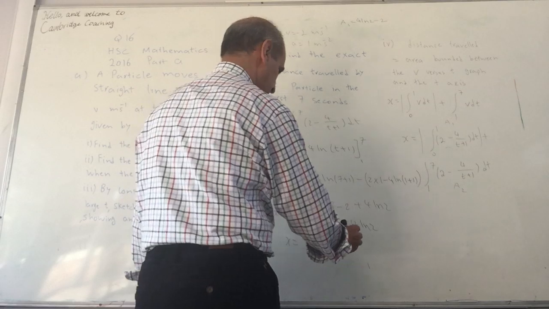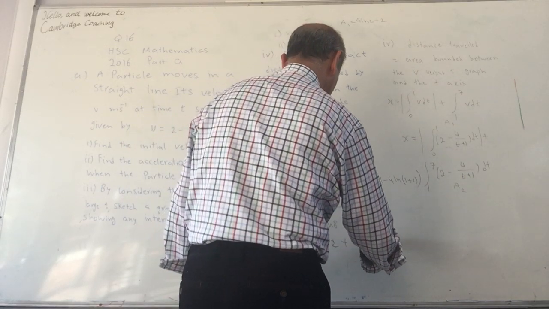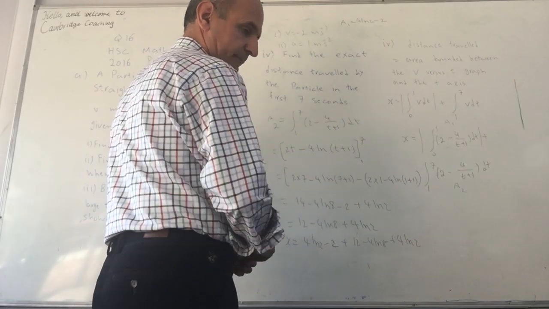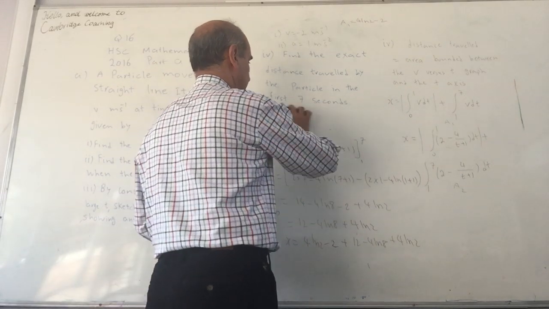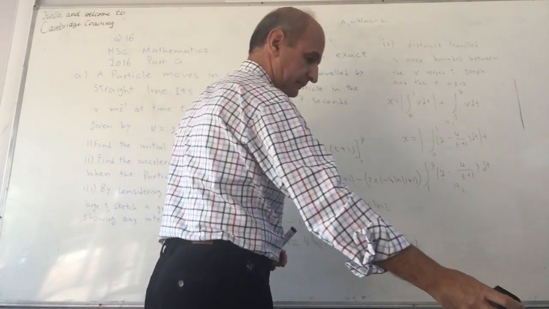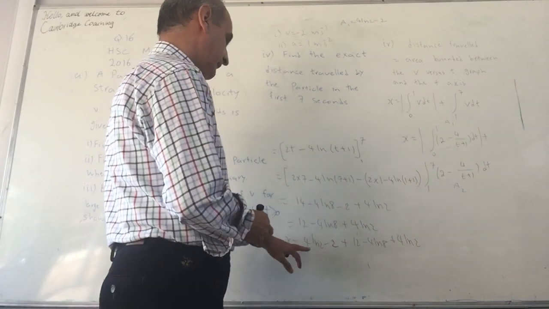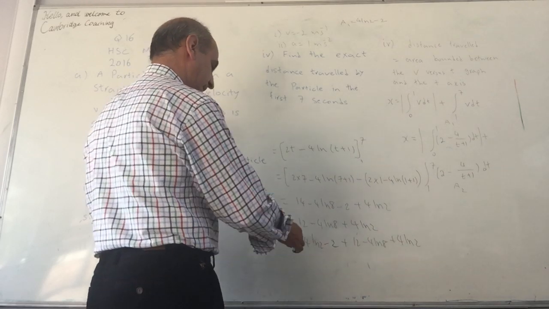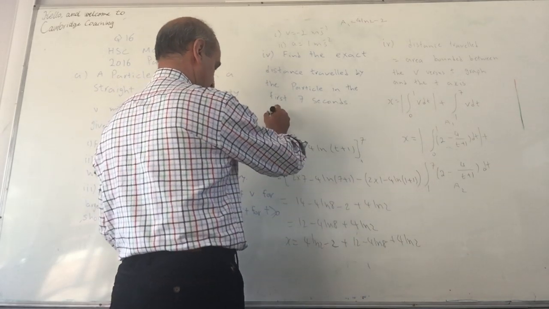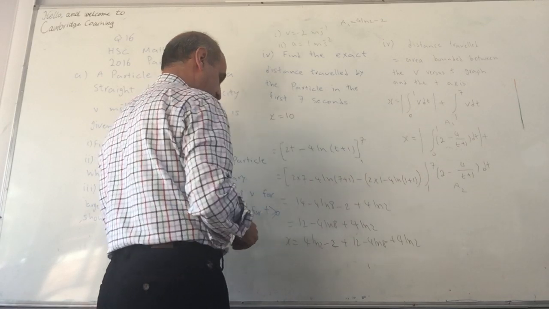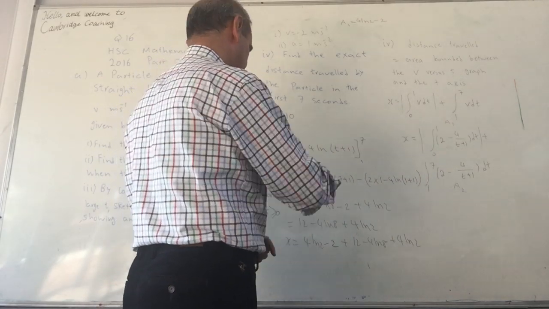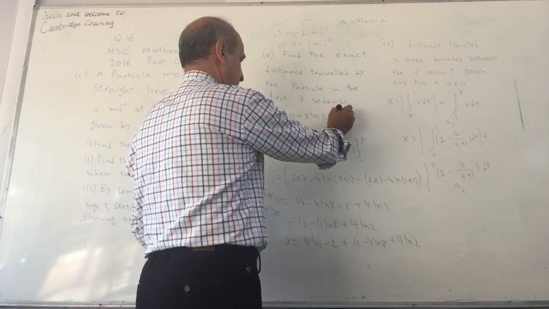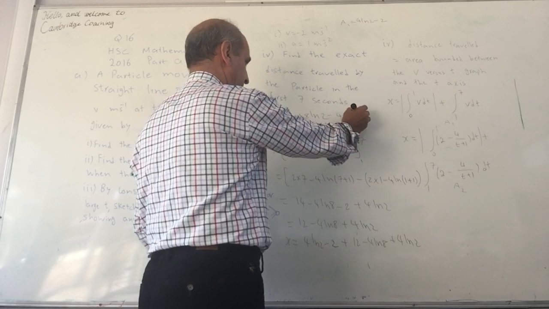Now we're adding this to 12 minus 4 ln 8 plus 4 ln 2. 4 ln 2 plus 4 ln 2 is 8 ln 2, and 12 minus 2 is 10. So we end up with 10 plus 8 ln 2 minus 4 ln 8.